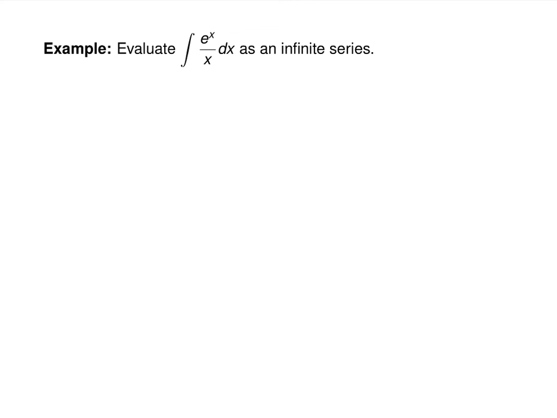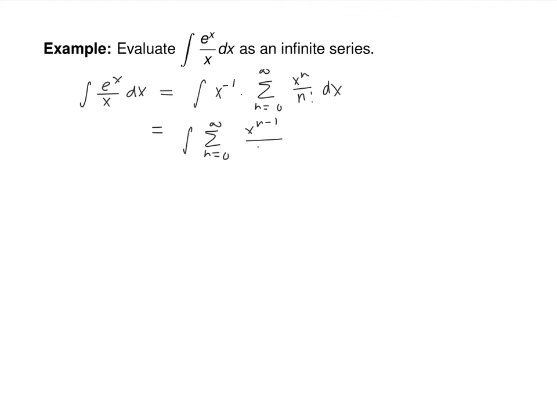You also should know that you can find integrals that are sort of not findable other ways using infinite series. So to evaluate the integral of e to the x over x, let's think about this as x to the negative 1 times the sum from n equals 0 to infinity, x to the n over n factorial. And then adding those exponents, we have the sum from n equals 0 to infinity, x to the n minus 1 over n factorial dx.